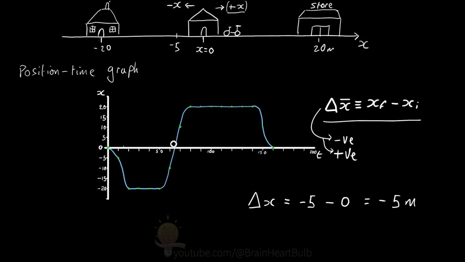But if we have a look at the time between 60 seconds and 70 seconds here, our delta x becomes our final position, which is 10 meters here, minus our initial position at 60 seconds, which was -10.